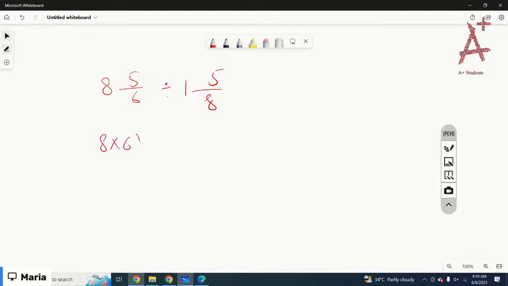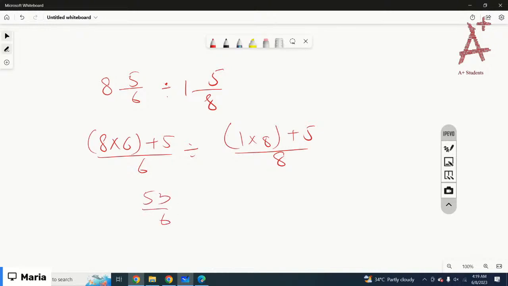So it would be 8 times 6 and plus 5 over 6. Then 1 times 8 and plus 5 over 8. So it would be 8 times 6 is 48 and plus 5, 53 over 6. 8 times 1 is 8 and 5, 13 over 8.